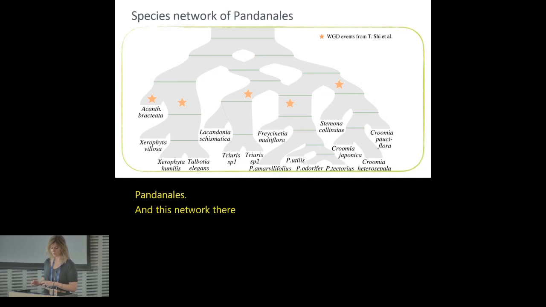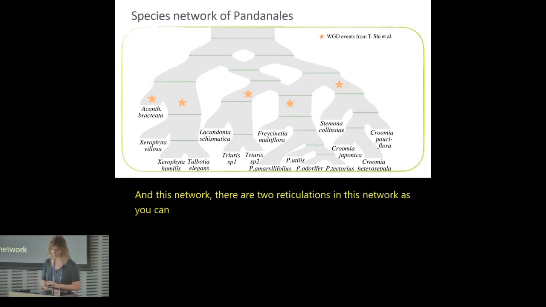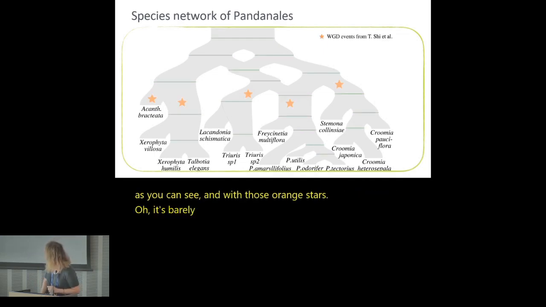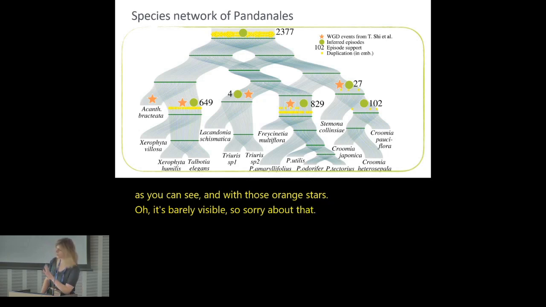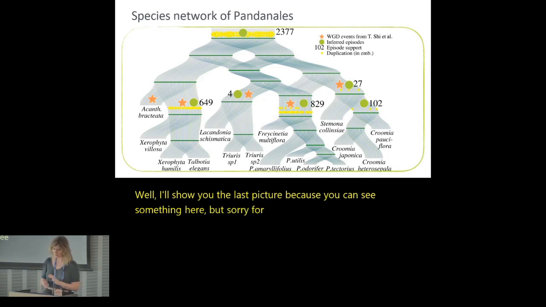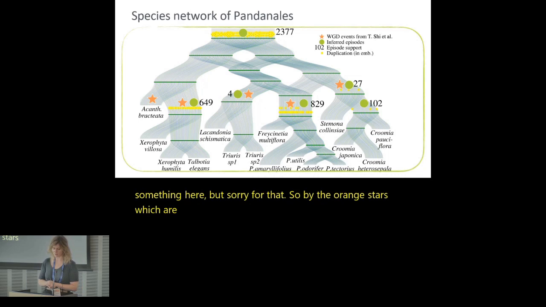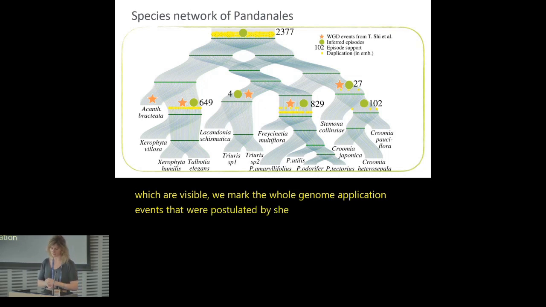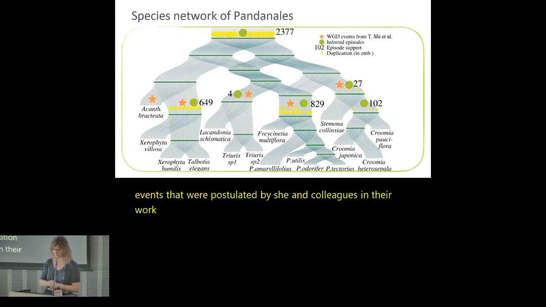There are two reticulations in this network, and the orange stars are barely visible, so sorry about that. Well, I'll show you the last picture because you can see something here, but sorry for that. By the orange stars, which are visible, we mark the whole genome duplication events that were postulated by Shi and colleagues in their work about Pandanales.